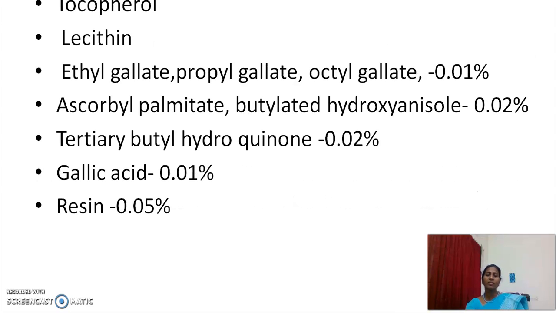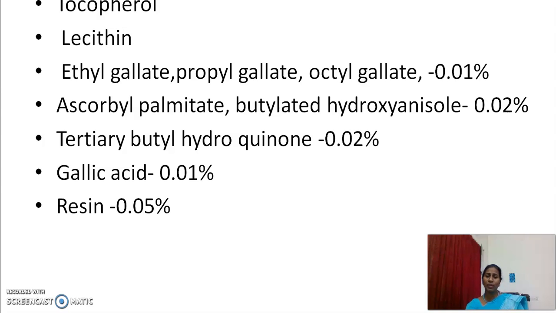Few examples of antioxidants: citric acid, tartaric acid, tocopherol, lecithin, ethyl gallate, propyl gallate, octyl gallate, ascorbyl palmitate, butylated hydroxyanisole, tertiary butyl hydroquinone, gallic acid, and resin. You can find from this slide the amount which can be added for a few antioxidants.